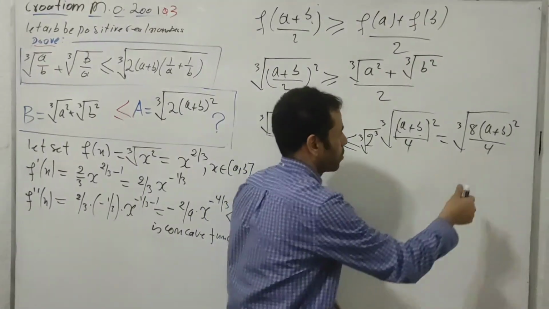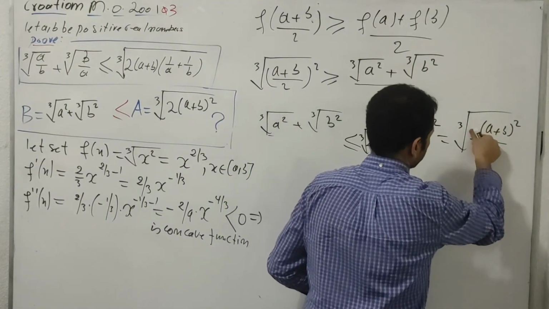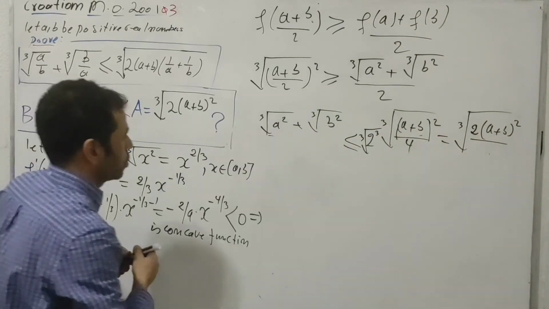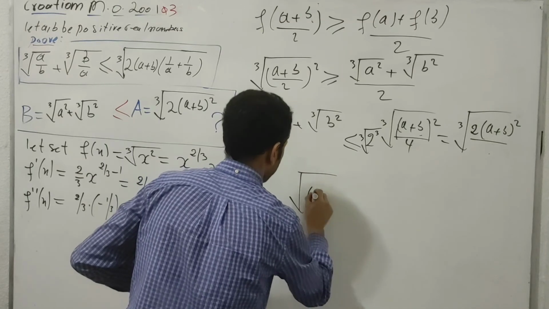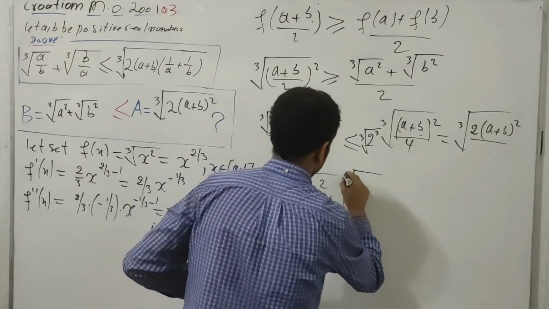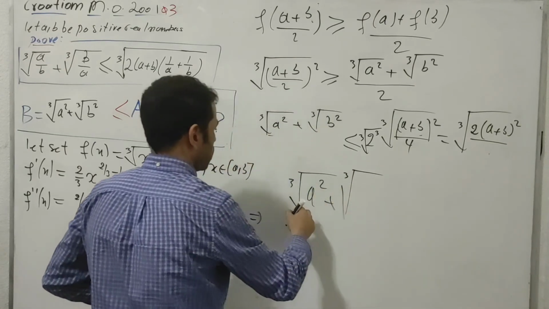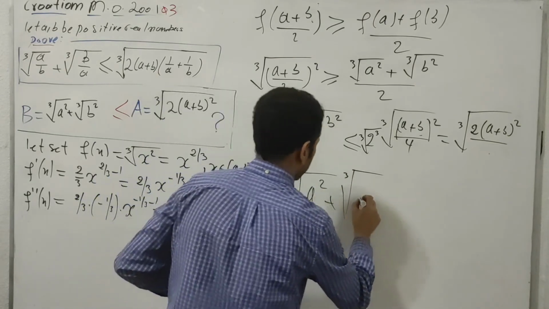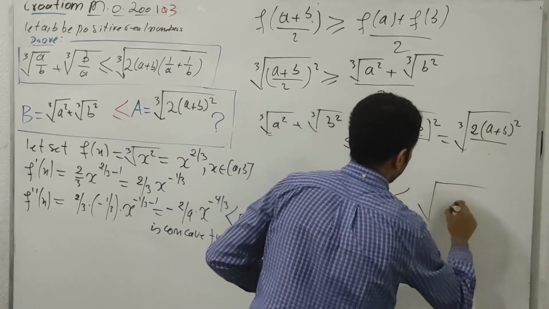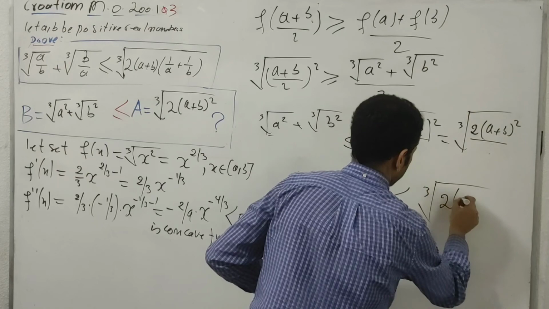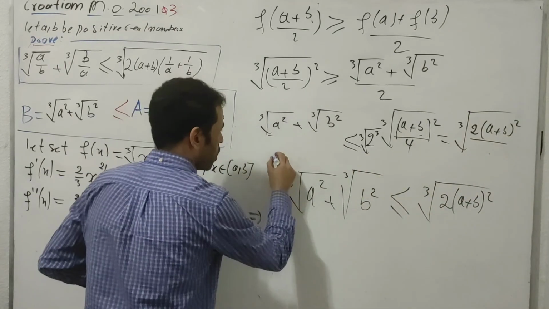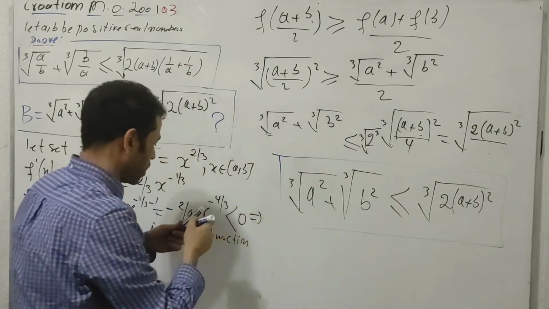This 8 over 4 becomes 2. So I will have cube root of a square plus cube root of b square is less than or equal to cube root of 2 times (a plus b) square. Now I have proven this inequality, exactly what I have here.